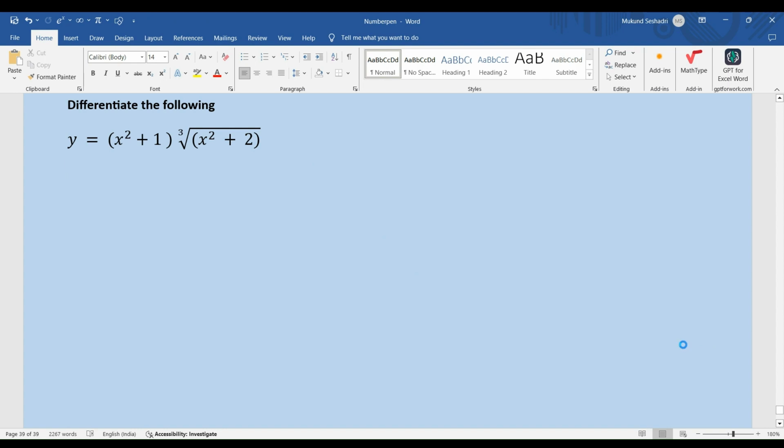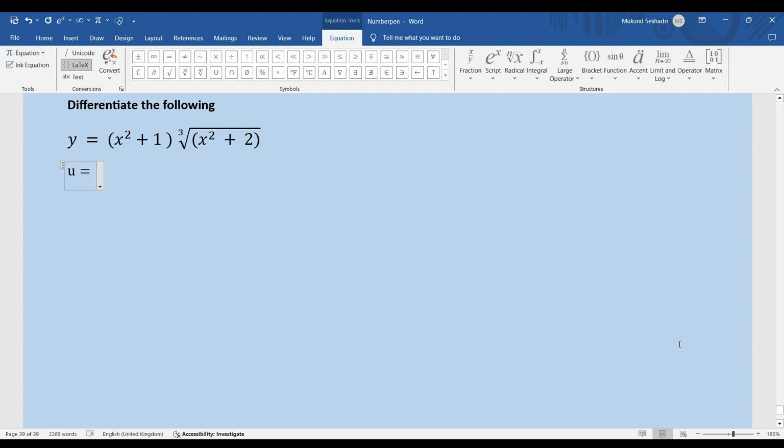So here we go. The usual substitution that I make before we apply the chain rule is u equal to g of x, where we identify the g of x and reduce y to an expression in terms of u, whose derivative we are quite familiar with from first principles.